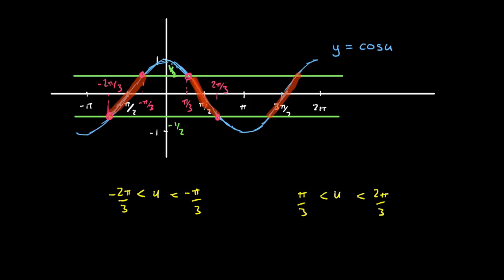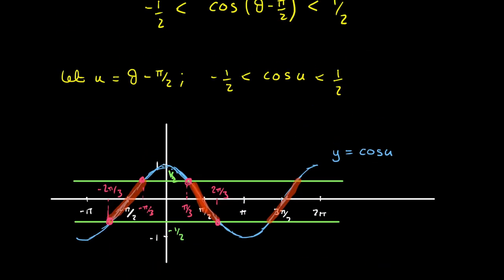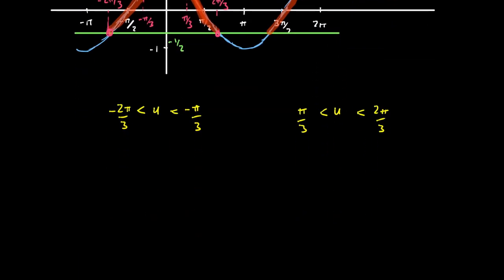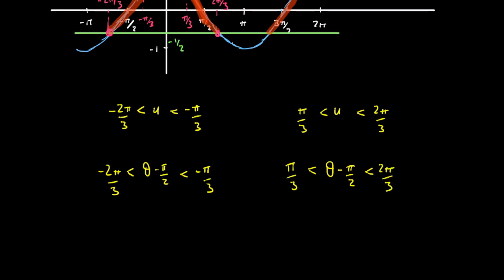So if you want, right, we could just replace our inequality with this thing here. So I'll do that. So instead of u, we got theta minus pi by 2. And that thing must be between negative 2 pi upon 3 and negative pi upon 3. And again, theta minus pi by 2 must be between pi by 3 and positive 2 pi upon 3. Okay, well, I don't want to screw up at the end, I think.